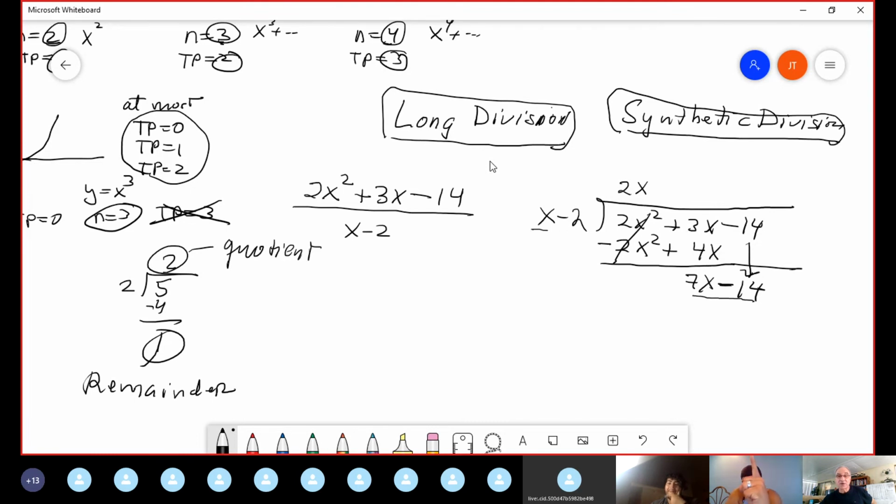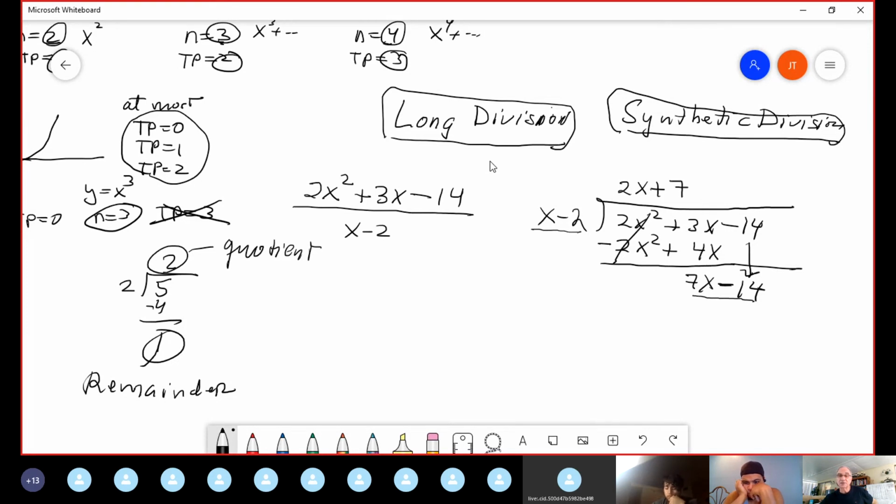And what is the degree of the divisor x minus 2? Also 1. We stop when the degree of the remainder is smaller than the degree of the divisor, that is, when the degree is 0. So we continue.